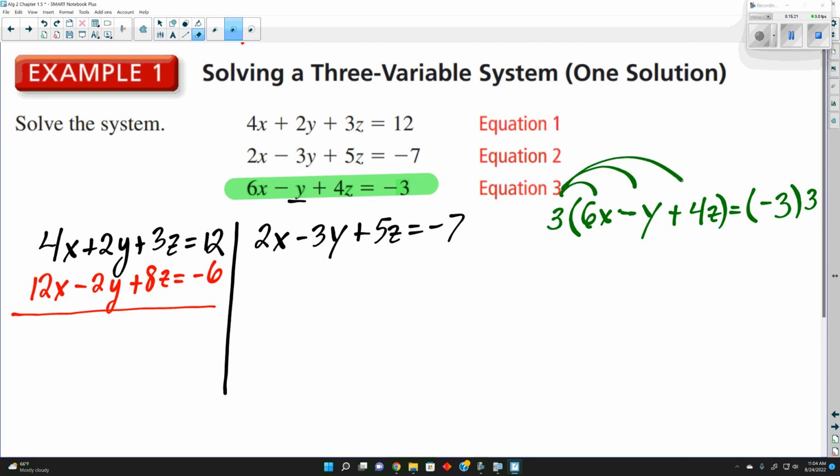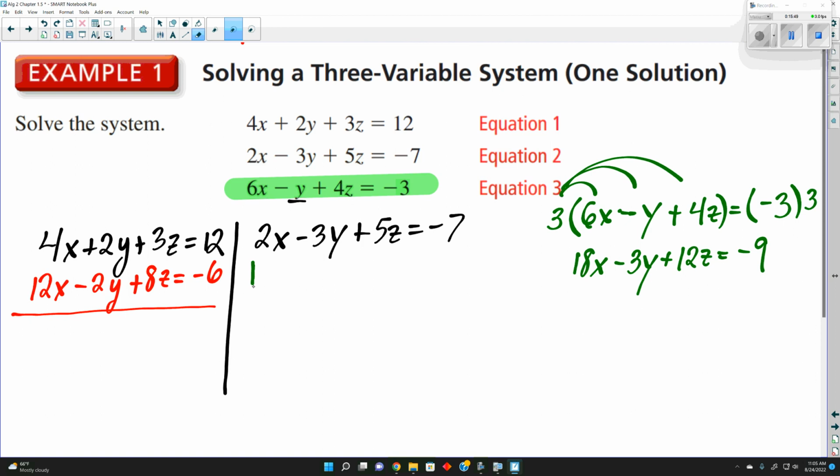So 3 times 6 is 18. 3 times negative y is going to be negative, and 3 times positive 4z is going to be plus. Z is equal to 3 times negative 3. So again, we multiplied them all by 3, both sides, so that the y's will have the same value.